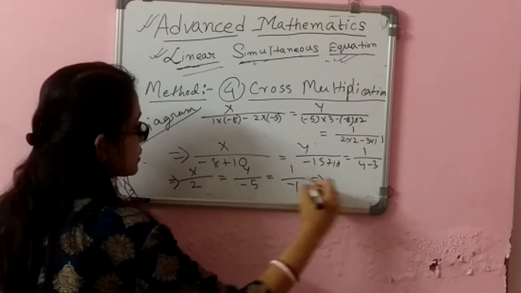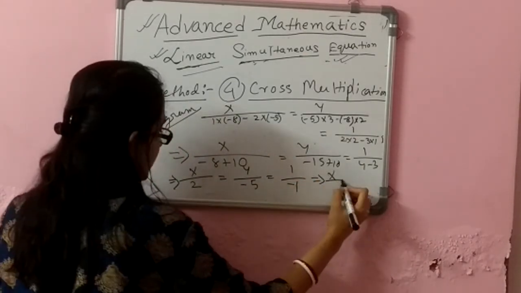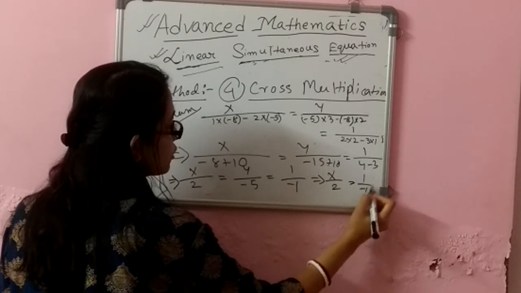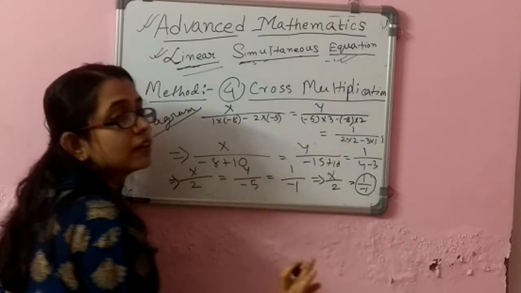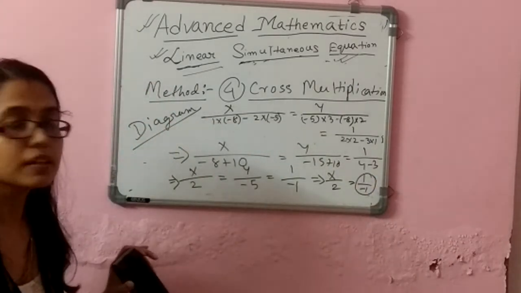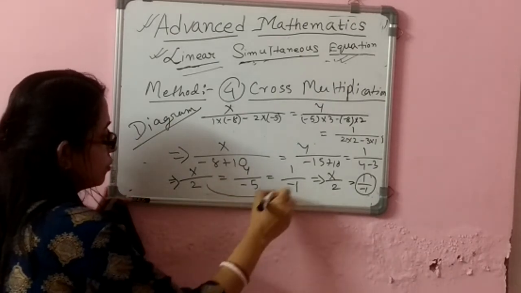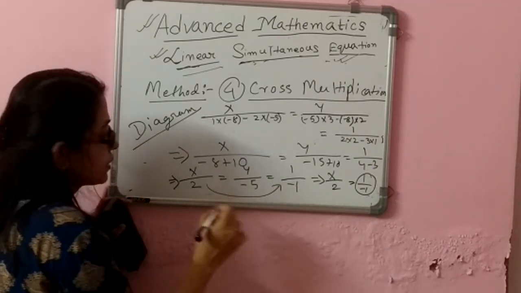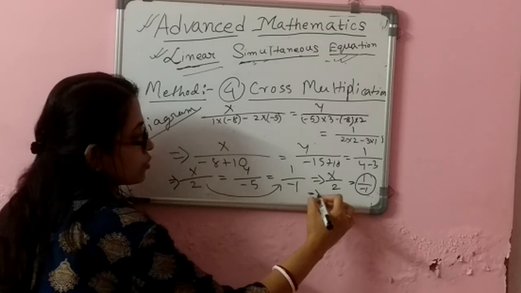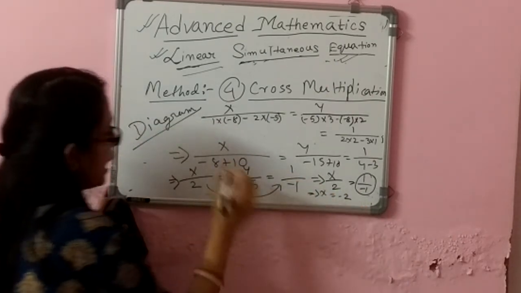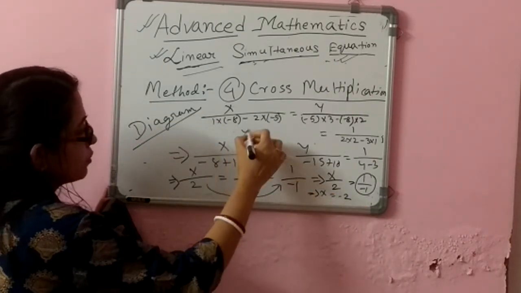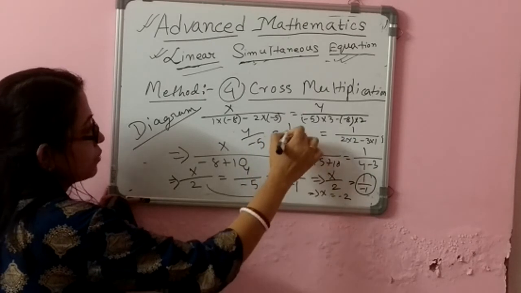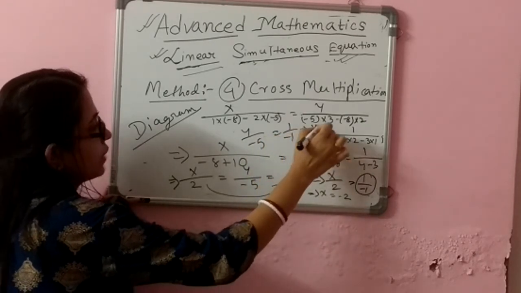Now for getting x, we have to write like this, equal to 1 by minus 1. Constant is for everyone. So for getting the value of x, we will write this 2, so x will be minus 2. And for getting the value of y, we will write y by minus 5 equal to 1 by minus 1, that is y equal to 5.